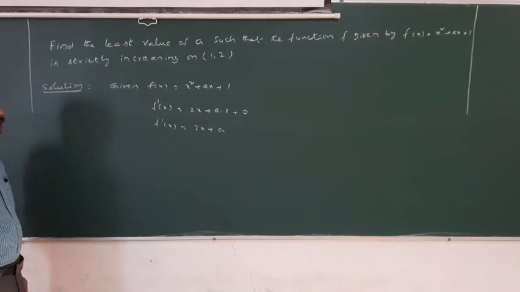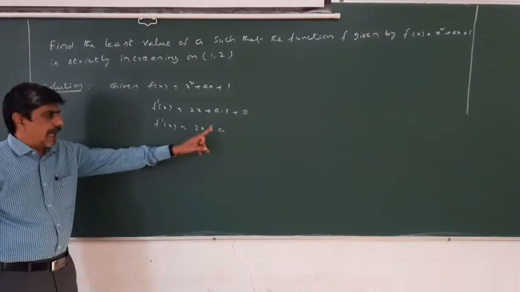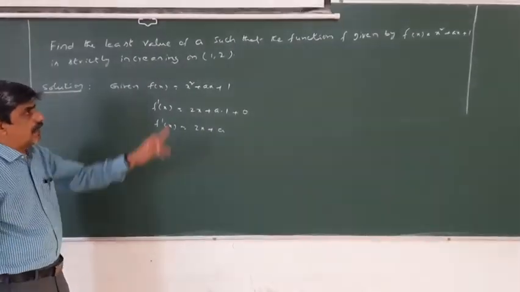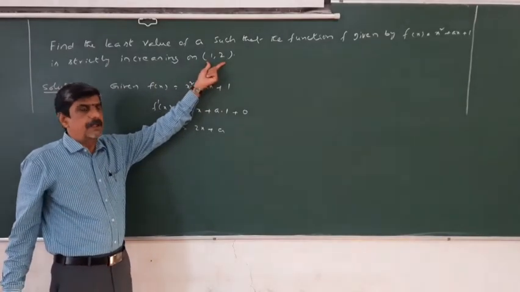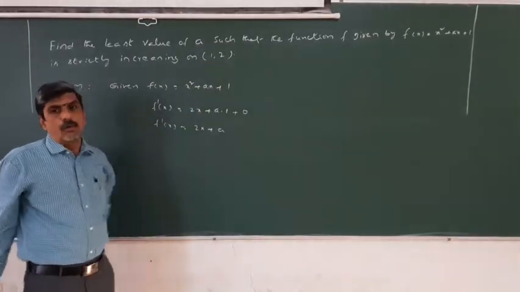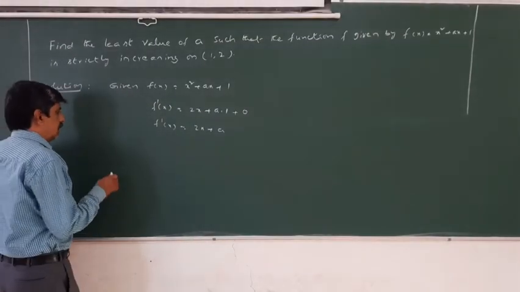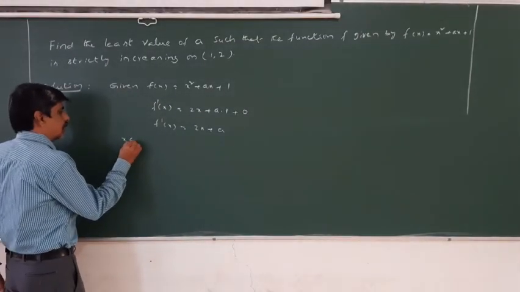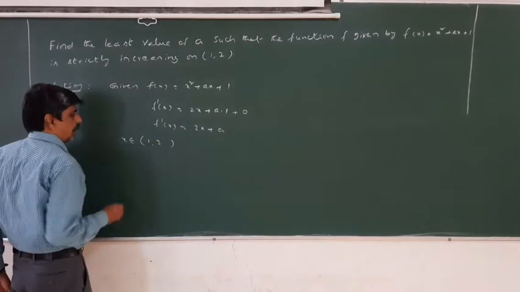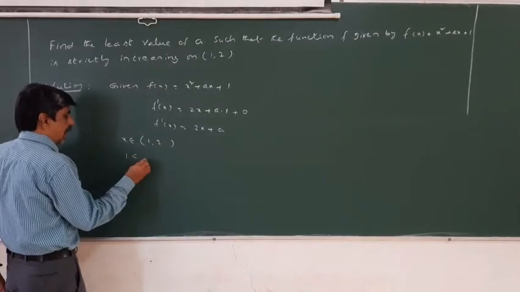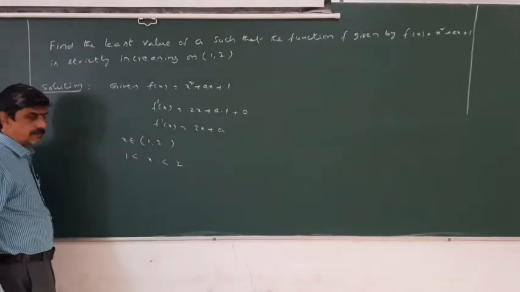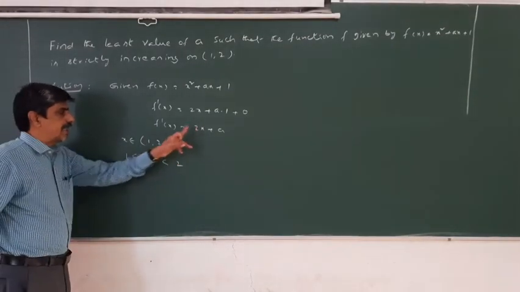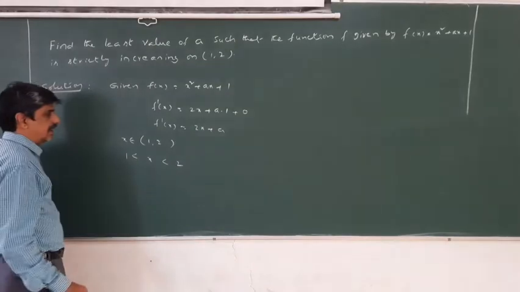Now we want to find the value of a, if the function is strictly increasing in the interval (1, 2). So x belongs to the open interval (1, 2) means 1 is less than x is less than 2. So here f dash x is equal to 2x plus a.